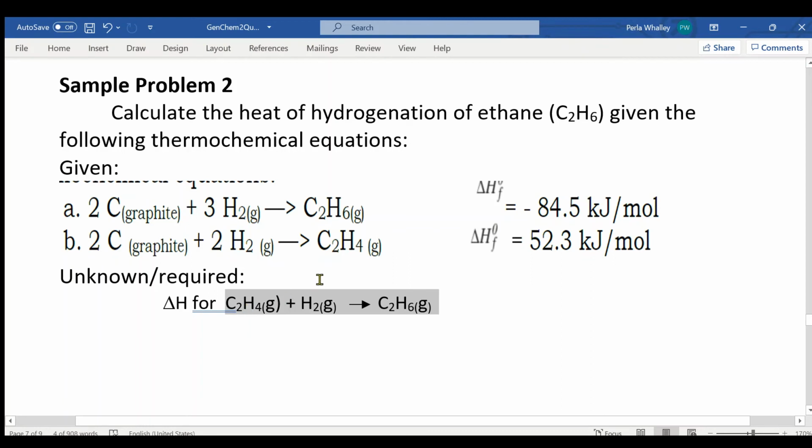That means this would be reversed. And C2H6 is on the product side, so there is no need for it to be reversed. It will stay as is. So this is positive here and this is negative.